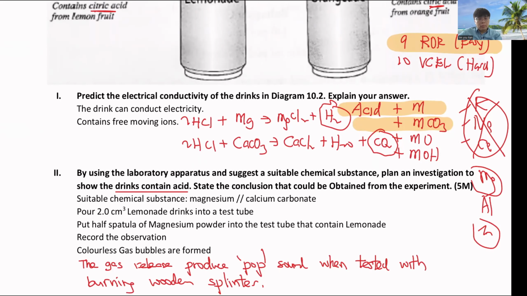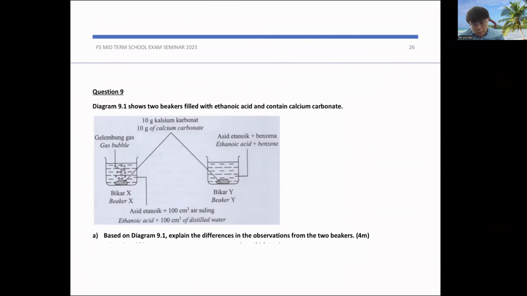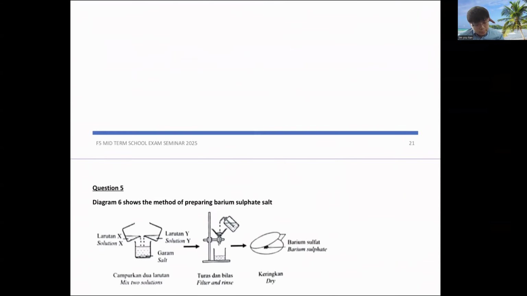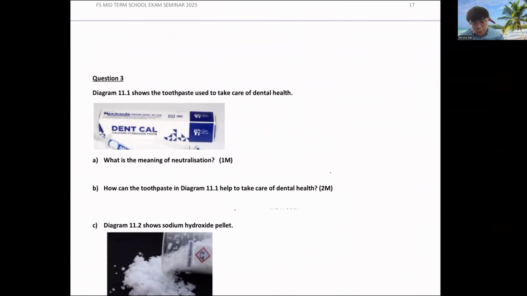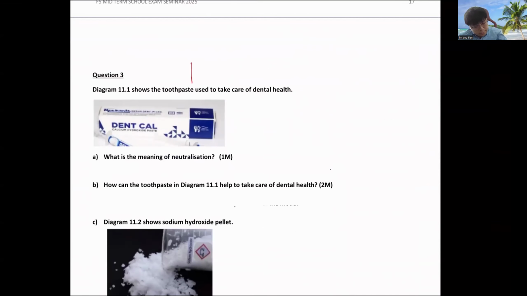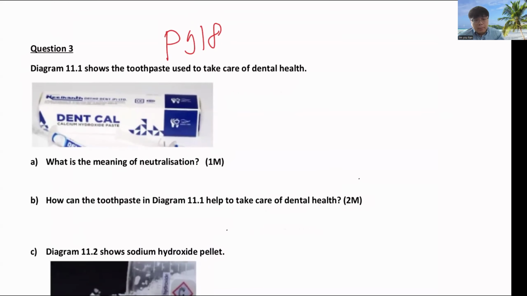What's the time to do? Yeah, we can consider. Okay, so you try this one. Page 18. So you're done already. If you're not done, can you screenshot? Yeah, so we do one more question. Find page 18, I think. That's quite a good question. Page 18. Yeah, so you start with this one.